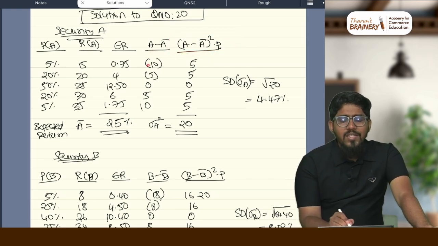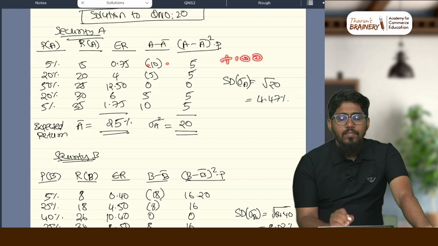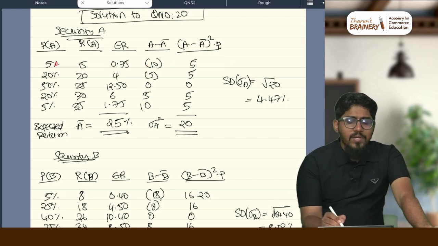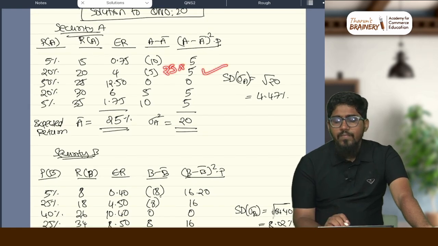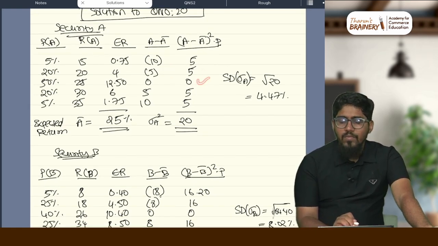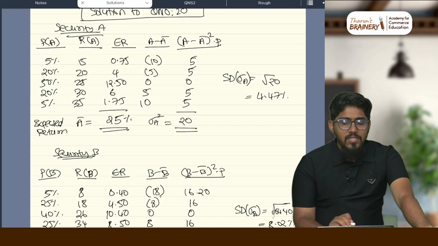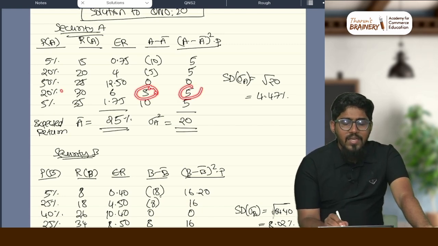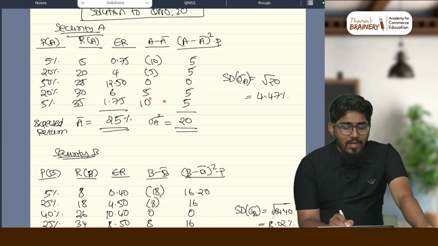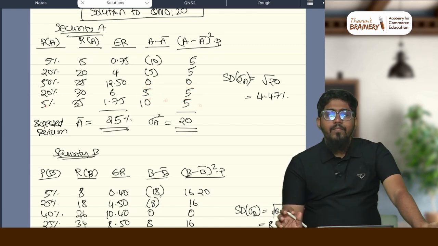What is minus 10 into minus 10? Positive 100 into 5% is 5. Then 5 into 5, 25, into 20% is 5. 0 multiplied by anything is 0. Again 5 into 5, 25, into 20% is again 5. 10 into 10 is 100, and 100 into 5% is again 5.